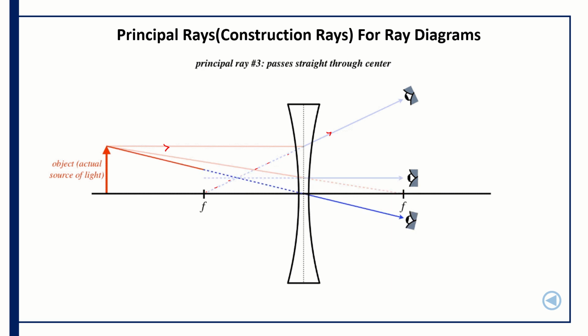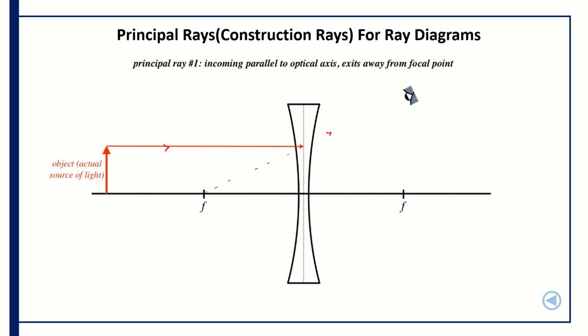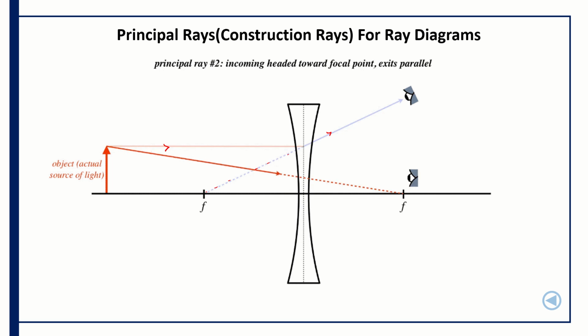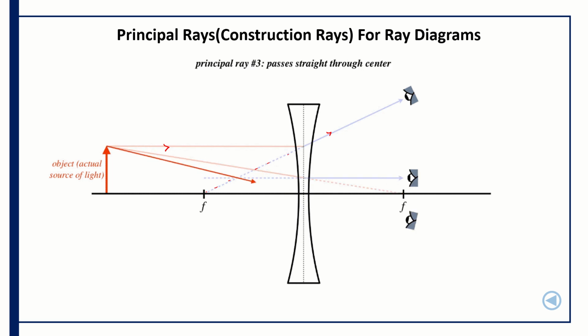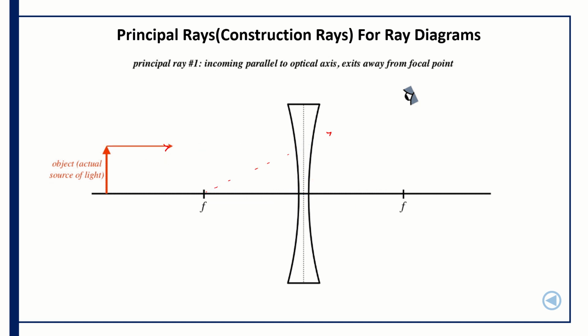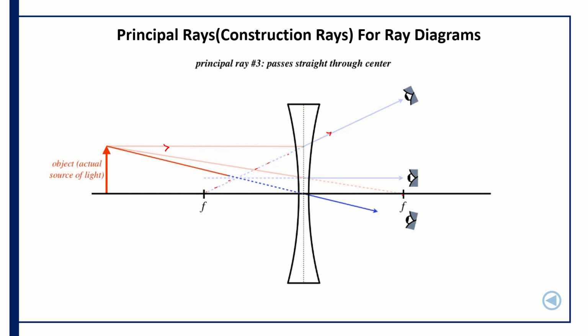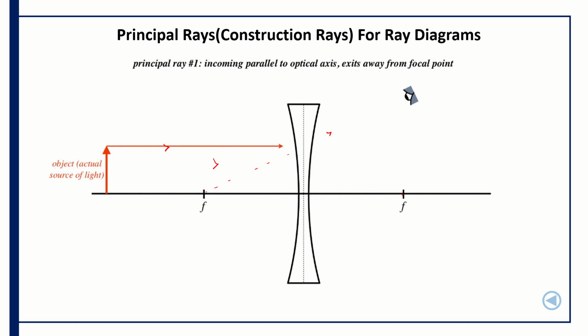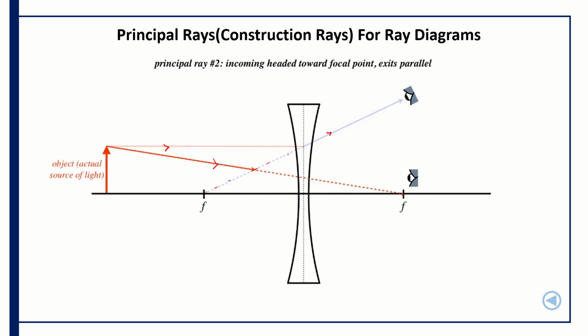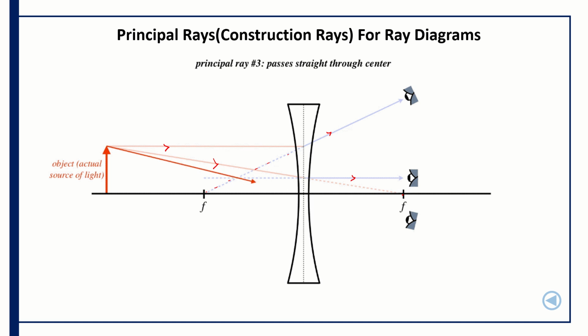Now we'll consider the second principal ray, which is falling on the lens directed toward the principal focus, and if I extend that, it will pass through the principal focus 1 of the lens, and after it emerges, it will go parallel to the principal axis on the other side of the lens.